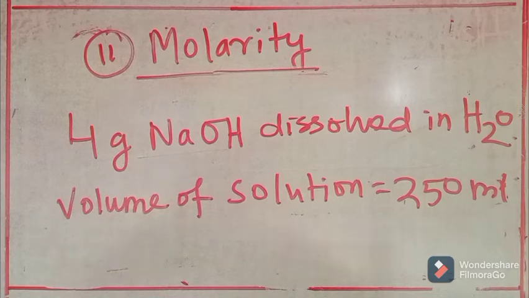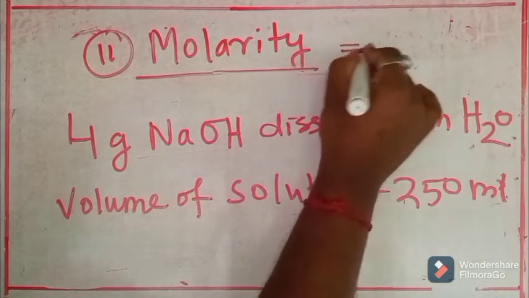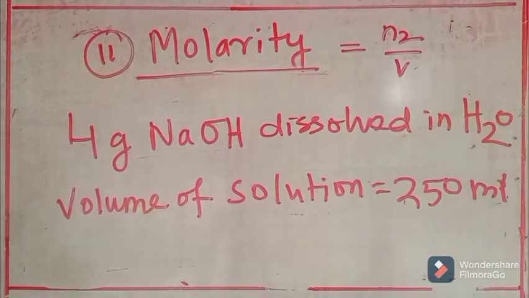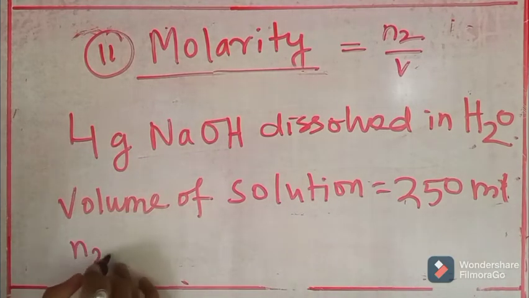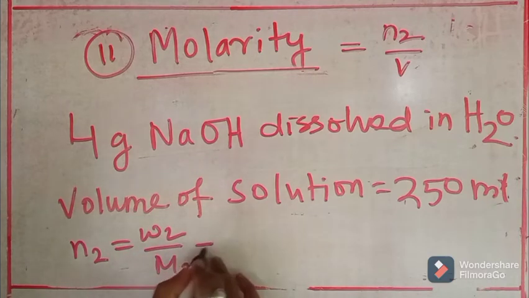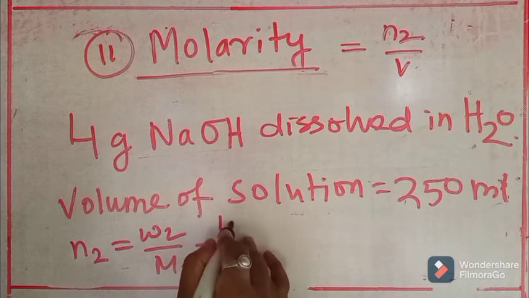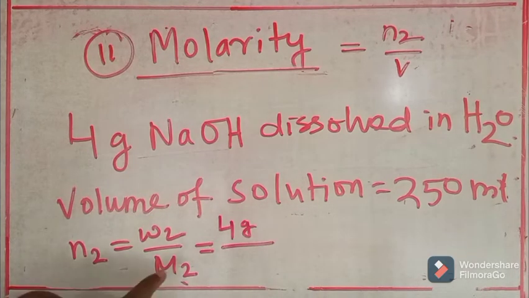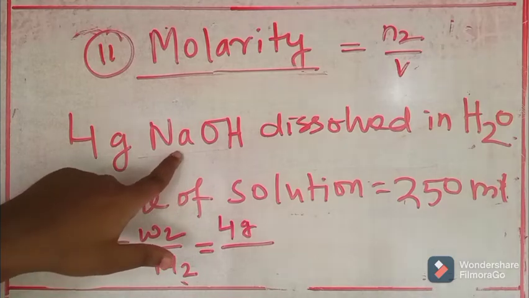By the definition of molarity, M equals N2 by V, so we should find N2. N2 means W2 by M2. W2 we know is 4 gram. M2 is the formula mass or molar mass of sodium hydroxide.